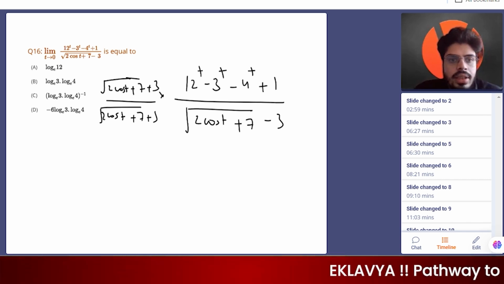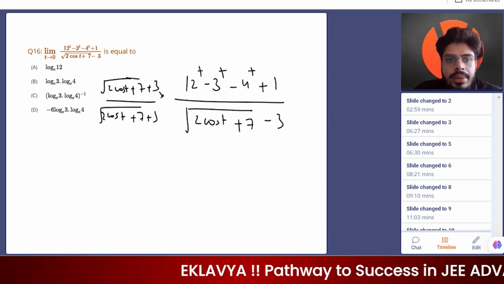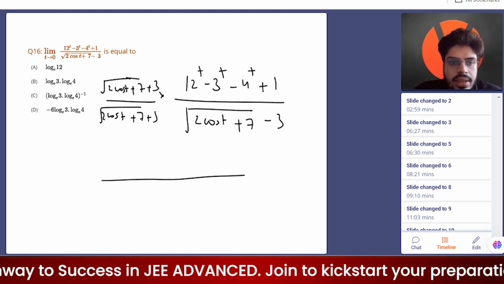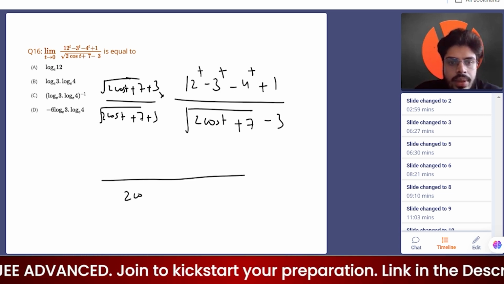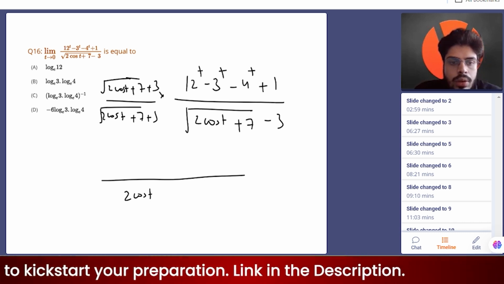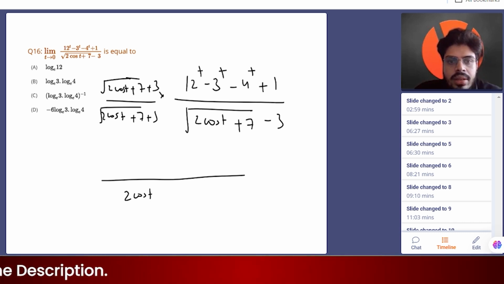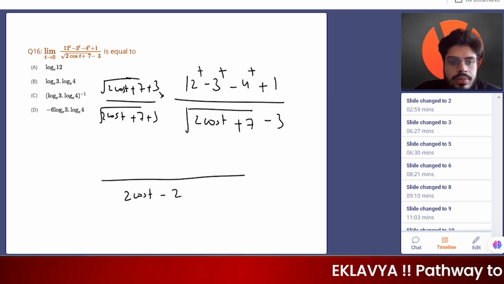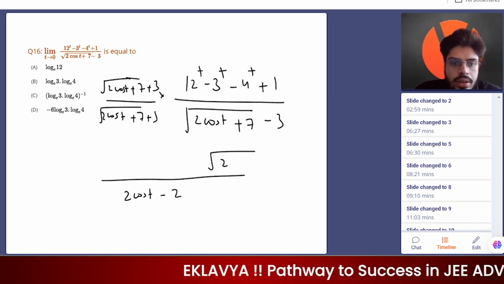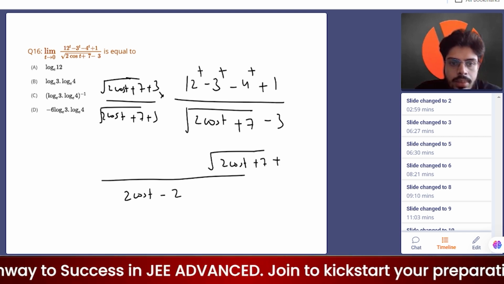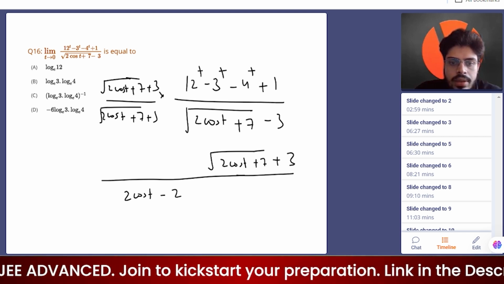And you can see here, from 12 power t and 3 power t, you can take 3 power t common. So rationalizing the denominator will become a square minus b square: 2 cos t plus 7 minus 3 square, so 9, so minus 2. And I can write this as 2 cos t plus 7 plus 3.